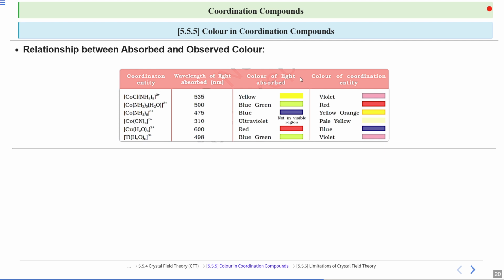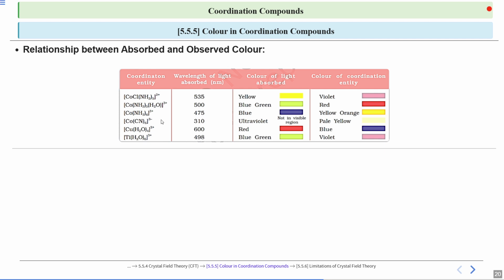The color of light absorbed is blue green, but it appears red. The next complex absorbs 475 nanometer, blue light, but the complex will be yellow orange, complementary to blue.